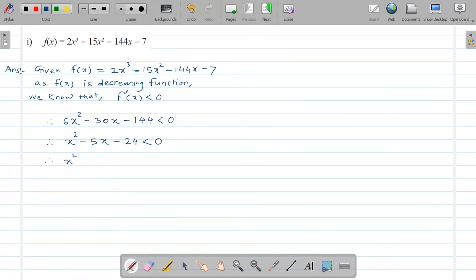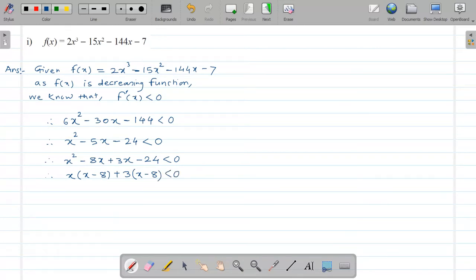So the middle term is 5x and the constant is 24. We can write it as x square minus 8x plus 3x minus 24 less than 0. So minus 5x is written as minus 8x plus 3x. From the first two terms you get x common, and in the bracket x minus 8, plus from the second two terms we get 3 common, and in the bracket x minus 8.